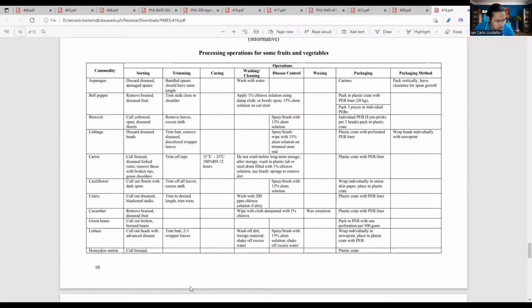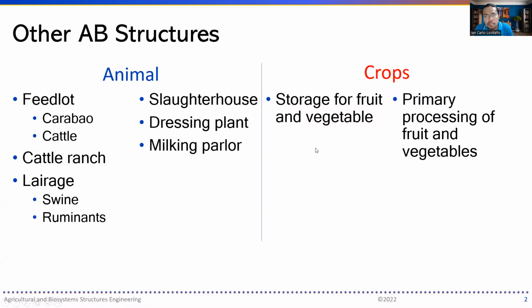In the next lecture, the discussion will be on waste management and other common processing buildings and structures that support the other operations in a farmstead. Again, all the discussion a while ago is based on the standards and specifications drafted by the AMTEC and adopted by the Bureau of Agricultural and Fisheries Engineering, or BAFE.